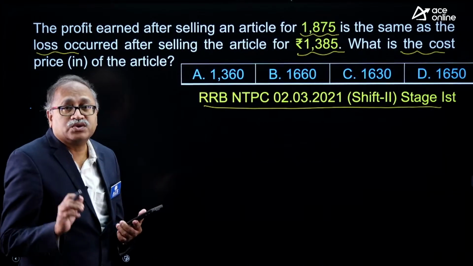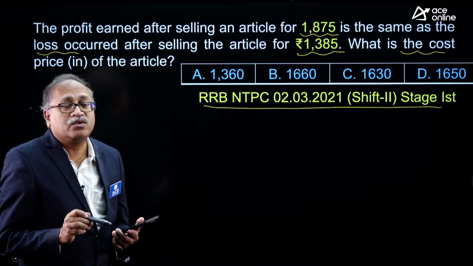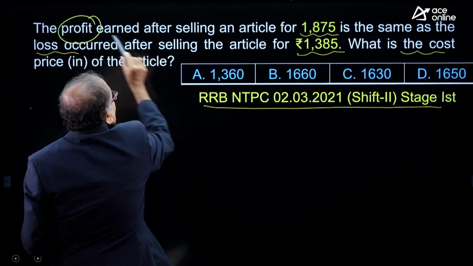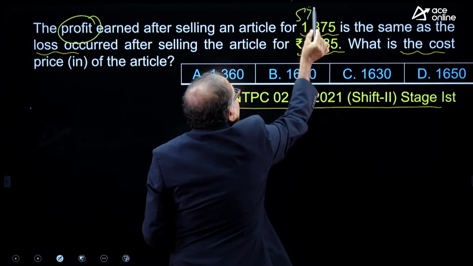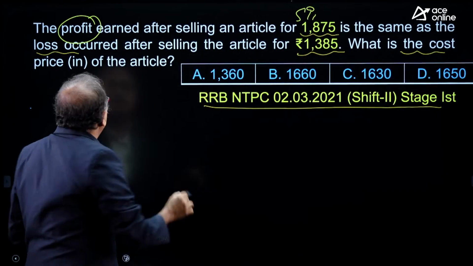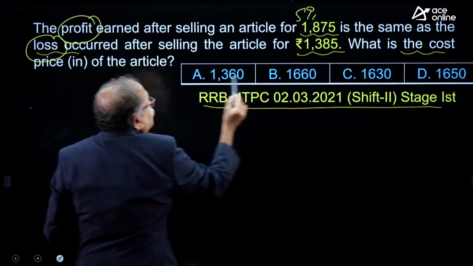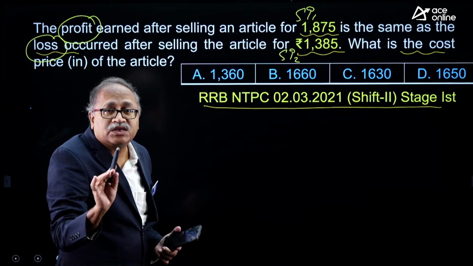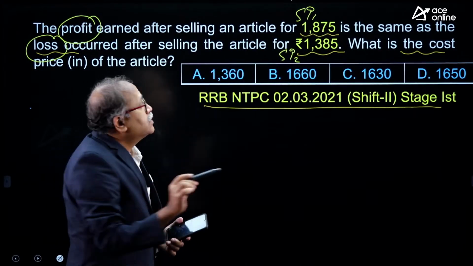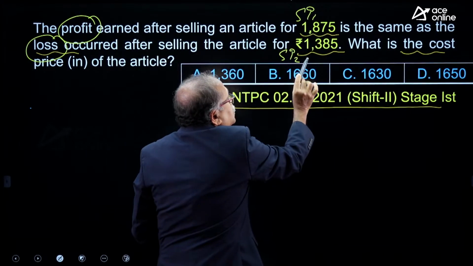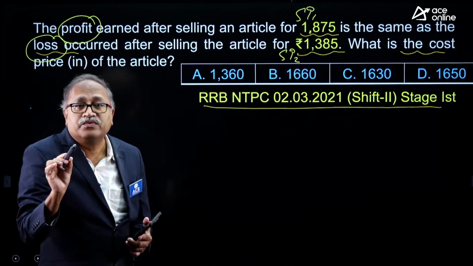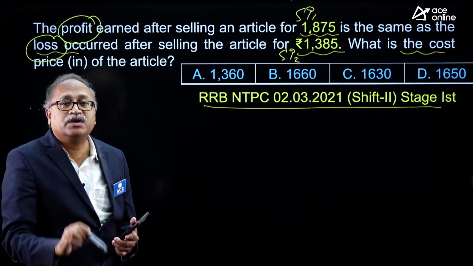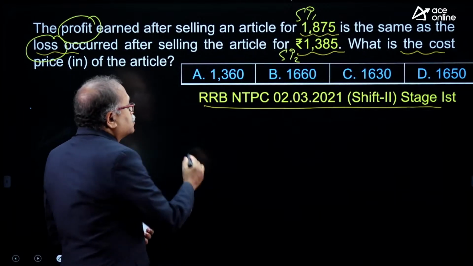What does Deepak know? The one thing Deepak knows is that when the profit on SP1 is the same as the loss on SP2, then the cost price will always be the average of SP1 and SP2. So, instantly he found the cost price.